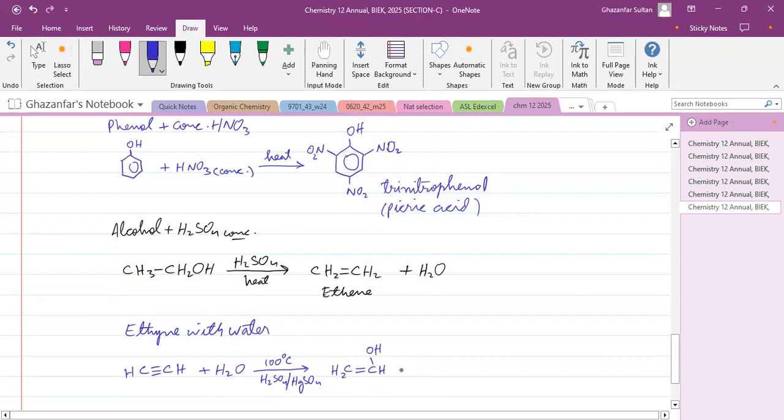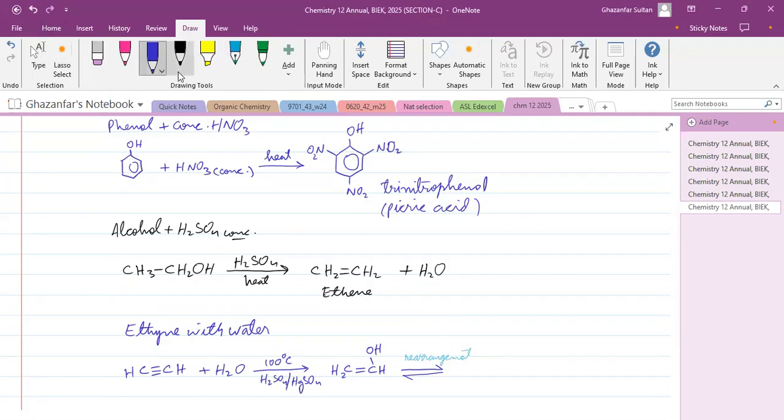Then immediately a rearrangement reaction occurs, and it is not required in our syllabus, but remember that rearrangement is always shown with a reversible arrow. So as a rearrangement, what happens? This hydrogen goes to this carbon atom.